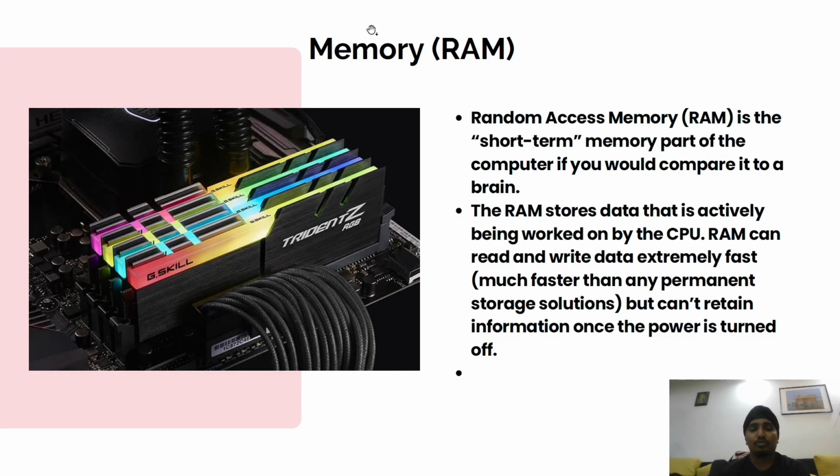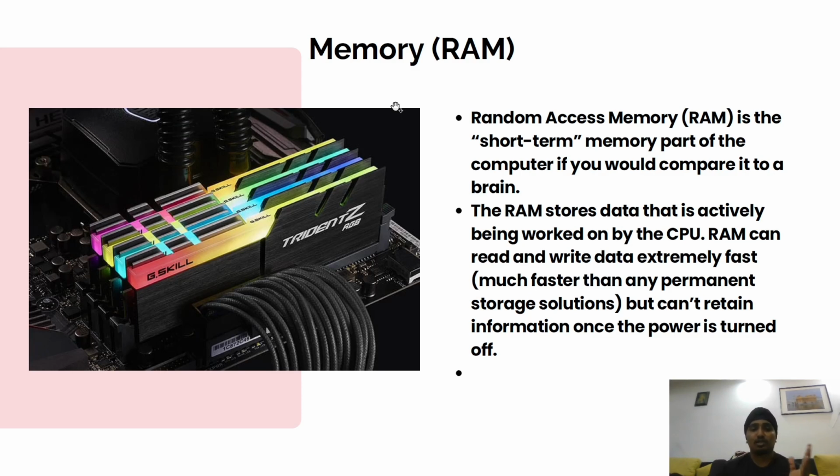Next is also an important part of a PC build, which is the random access memory. It is also known as short-term memory. As I have shown for this, it will be located beside the CPU on the motherboard, and the current generation is DDR5.